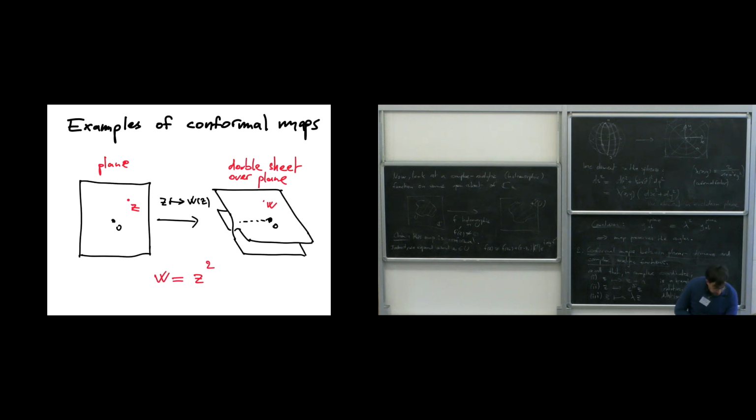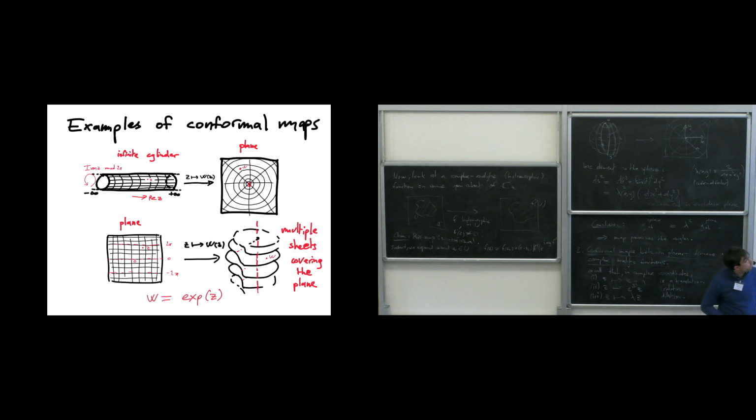Okay, but notice that if you think of the exponential not as a map from the cylinder, where you have identified points whose imaginary part differs by 2 pi, but from the full complex plane, and I don't identify the points along the real axis with those along the axis with imaginary part 2 pi anymore, then what this map actually becomes is multiple copies of the plane on top of each other that are connected this way.